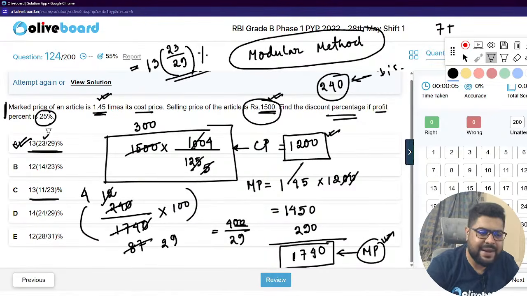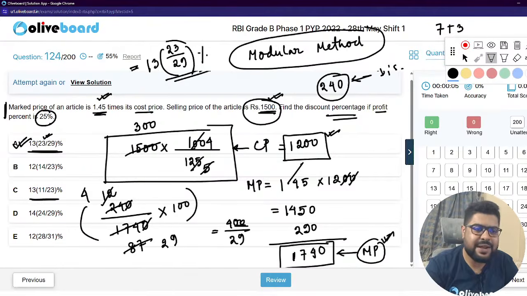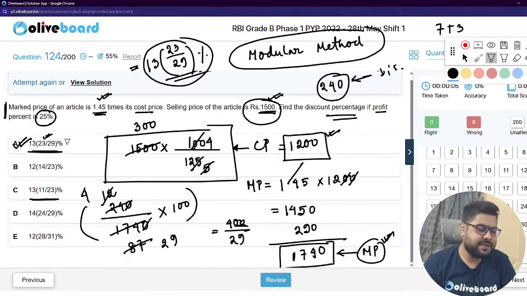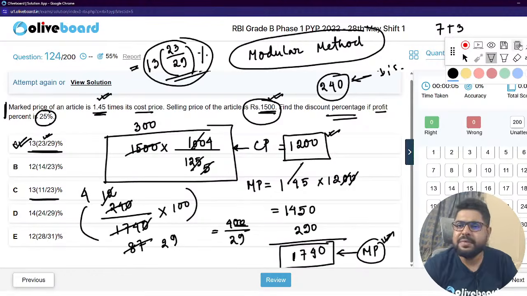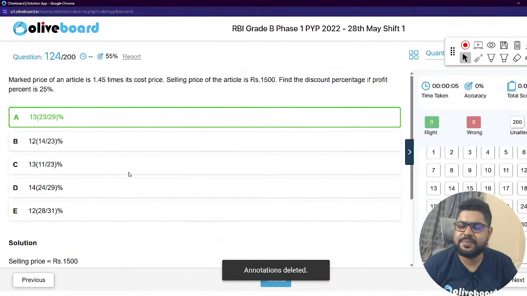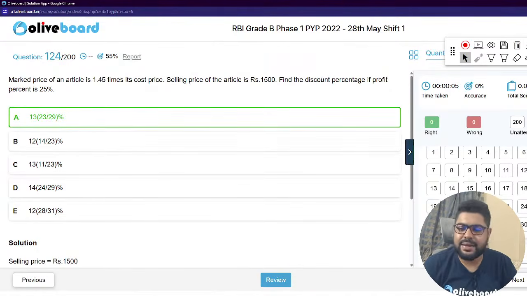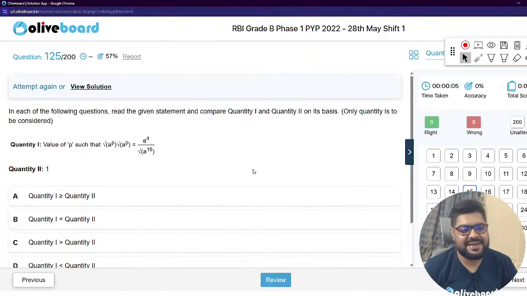So plus 23 का 3 gives you this, whereas this 11 gives you 8, not 0. So this has to be your answer. यही आपका आंसर होगा. Clear, sir? Very simple stuff. But again, थोड़ा दिमाग लगाओगे तो 2 मिनट जल्दी बन जाएगा सर. So option A is the correct answer. Option A most definitely is your correct answer.